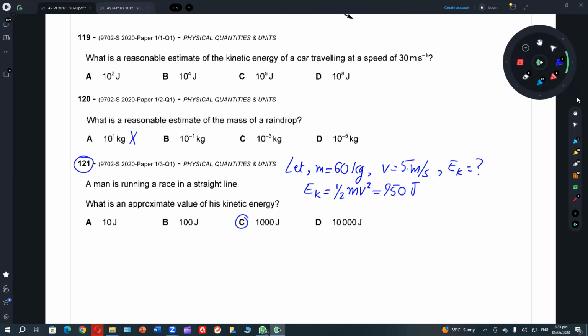It's too heavy. 10 power minus 1, or 1 upon 10, means 100 gram. 1 gram. How much is 10 power minus 2? I've converted them in gram for a better understanding.